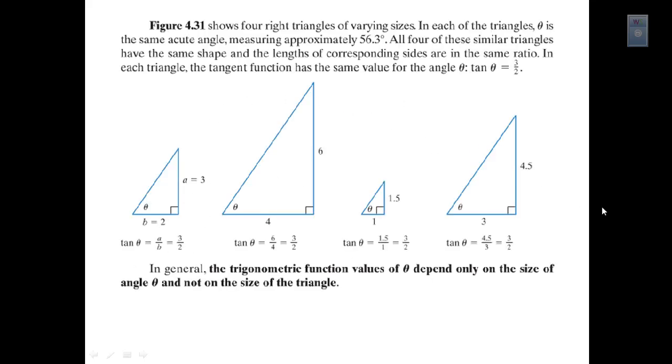And here's the whole idea of the fact that it doesn't matter what size the triangle is. If this angle equals that angle, then this side to that side's ratio is equal to that side to this side's ratio. Same thing here as well. You can see it in both of those. I'm not going to say that again. You can pause the video and read that if you need to.